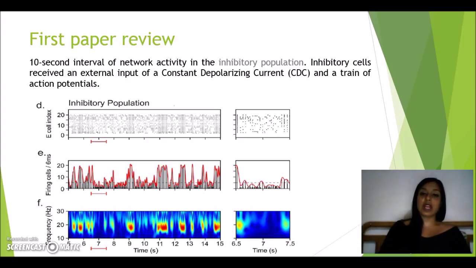Now, inhibitory cells are not responsive. They are the source of the fluctuations. So they received as an external input a constant depolarizing current and a train of action potentials. And that is what we have right there. We have the frequency diagram in wavelet, using cold colors for low frequencies and warm colors for high frequencies.